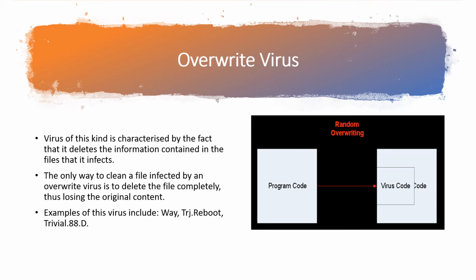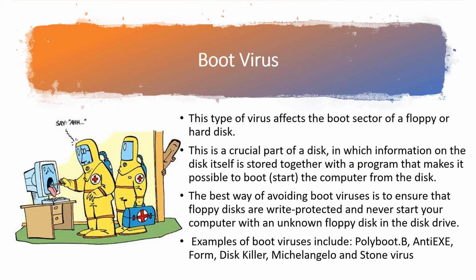The only way to clean this virus from an infected file is to delete the file completely. Here in this figure, if a file is infected by this virus, the program code will be changed to virus code. Some examples of this virus include Away, Trj.Reboot, Trivial.88.D, etc.